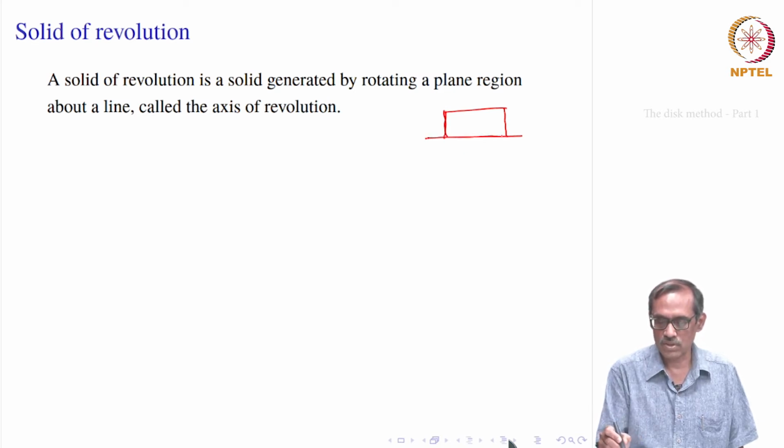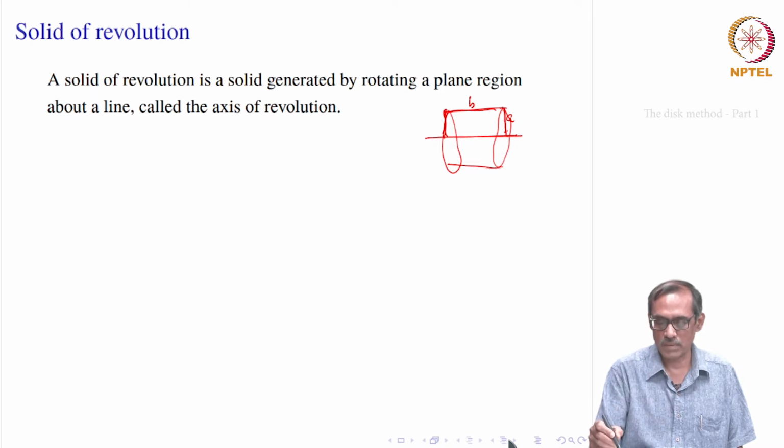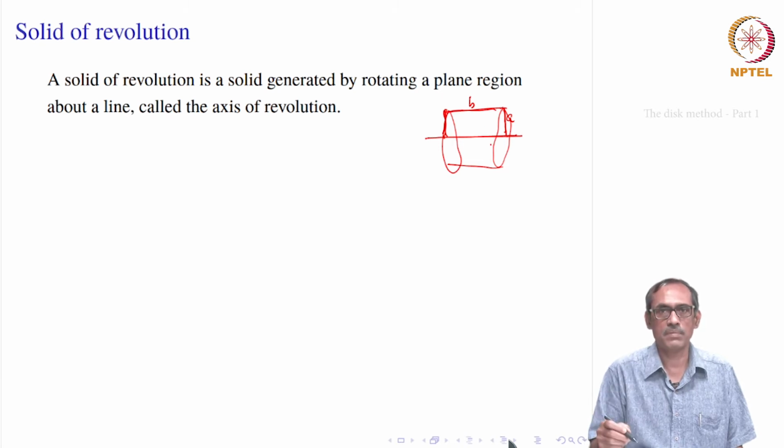Suppose you take this line as the axis of revolution and the rectangle has one side A and the other side B. When you revolve it around this straight line, you would get a cylinder of height B and a circular base of radius A. So this is an example of a solid of revolution.